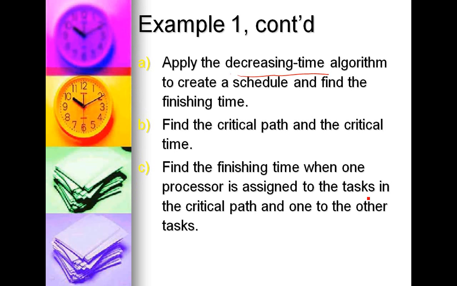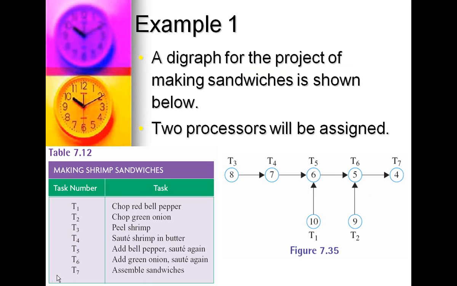So what we're going to do is first of all create a decreasing time priority list, and then we're going to assign 2 processors. So this is old stuff. So decreasing time priority list.